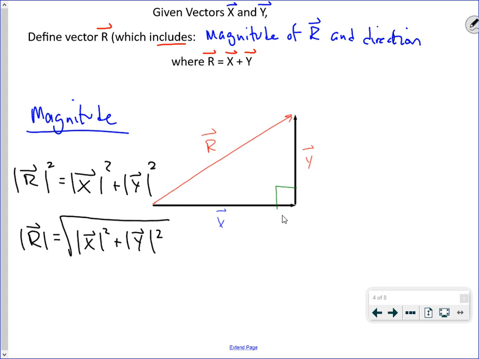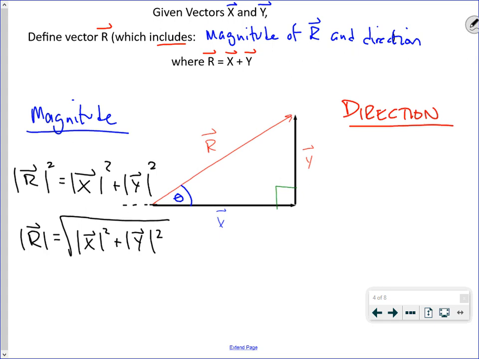The direction that vector r points, well, when you define the direction that any vector points, what you most typically do is, it's always an angle, and you always measure an angle that the tail of the vector makes with some reasonable reference direction. In this case, the horizontal is a reasonable reference direction.